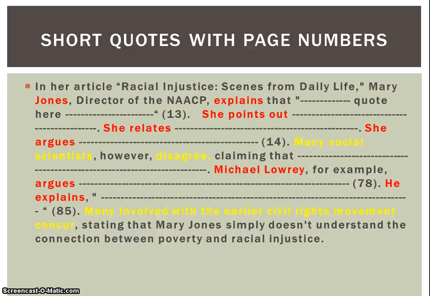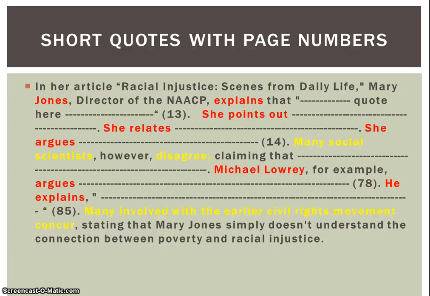So I must also cite that. And so since I've given a signal phrase that gives me a very specific name, I can just list the page number there since I know it. Now, if I didn't know a page number, then I would have to list Jones there inside of that citation instead of the page number, though. Keep that in mind. So this is how you cite a short quote.